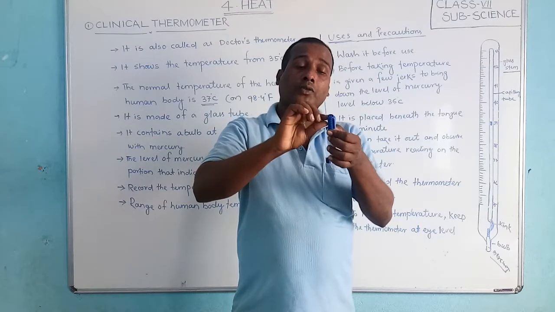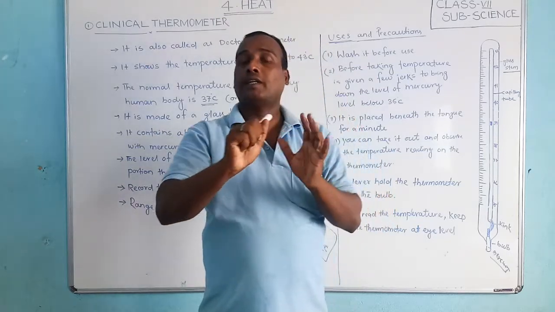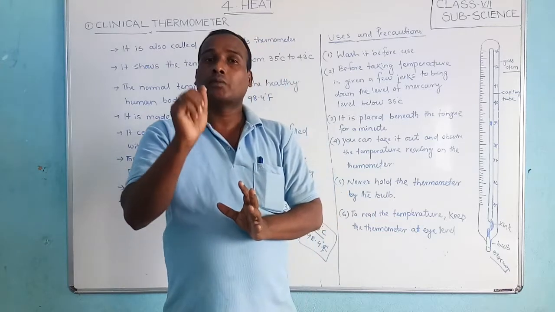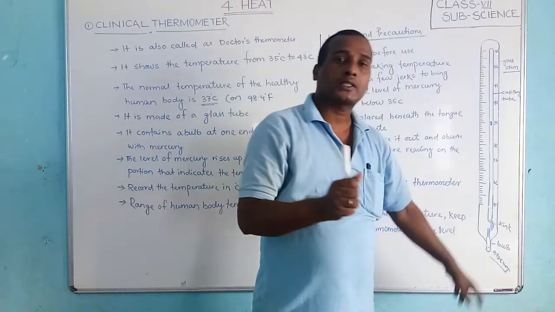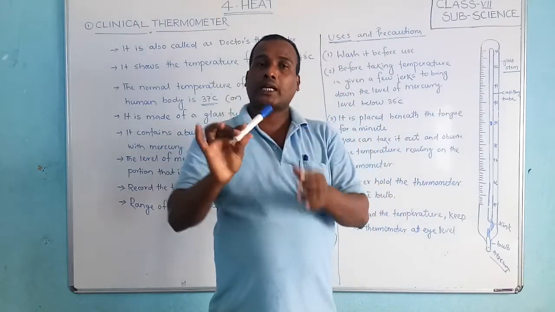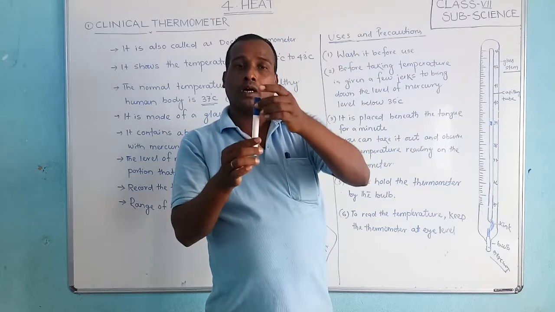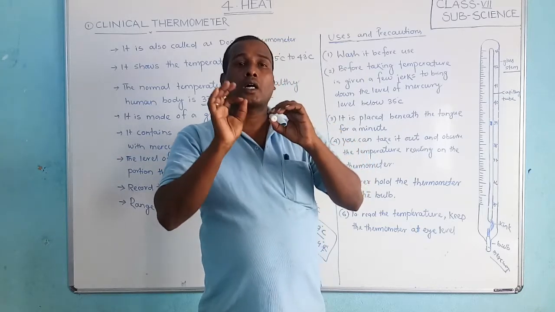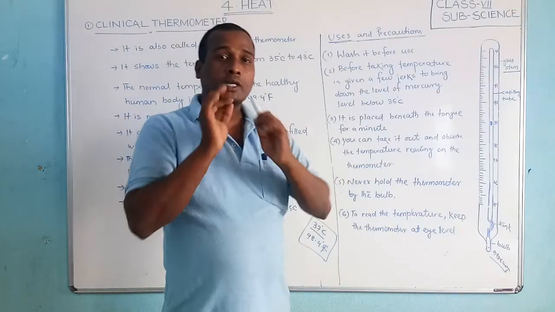Don't catch that bulb. At any time don't hold the mercury bulb. You have to catch this side and put the bulb under the tongue, for one minute.